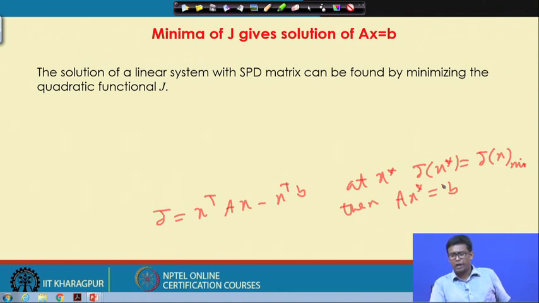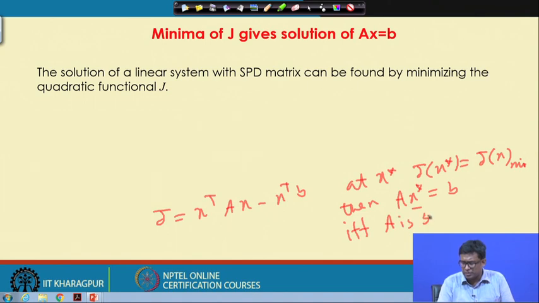So, if I can find an x star for which J is minimal, that particular x star will give me the solution of A x star is equal to b. So, instead of solving A x star is equal to b, we can now think of finding the minima of J(x star), and this is if and only if A is symmetric.